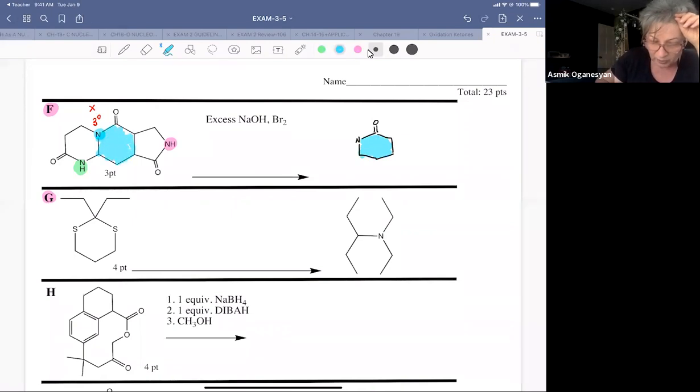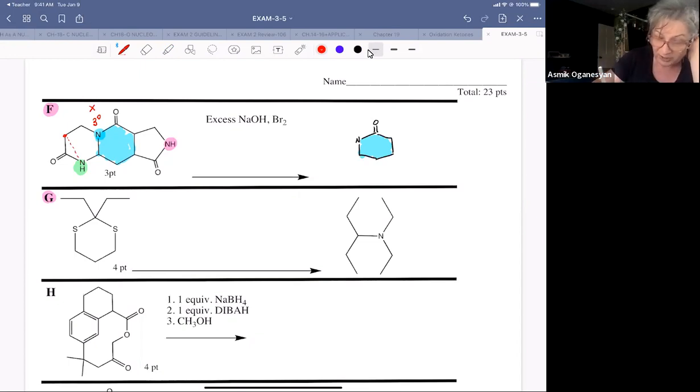Okay. On the left-hand side, I see that I have a 6-membered ring, so I can shrink that 6-membered ring. Remember, Hofmann rearrangement, we will lose the carbonyl, and we're going to form a bond between nitrogen and the carbon on the other side.